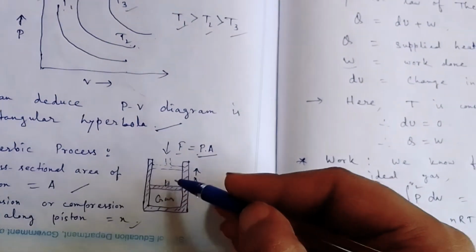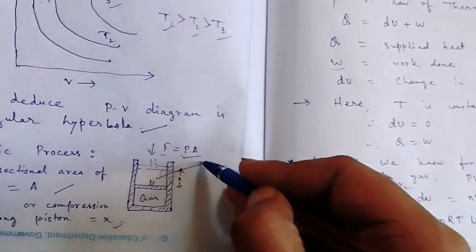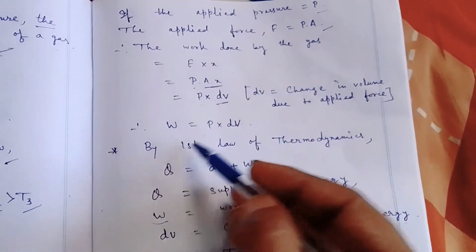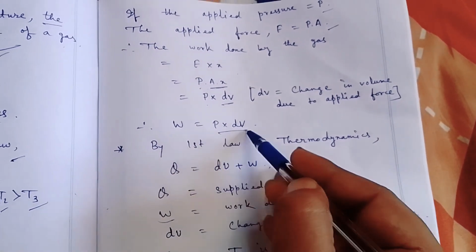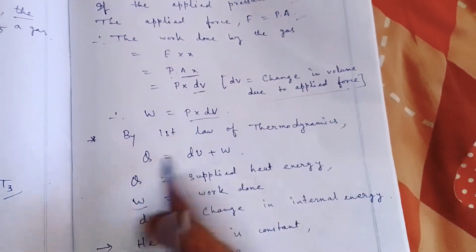So here the work done by the gas is equal to P times dV, where dV is the change in the volume due to the applied force.